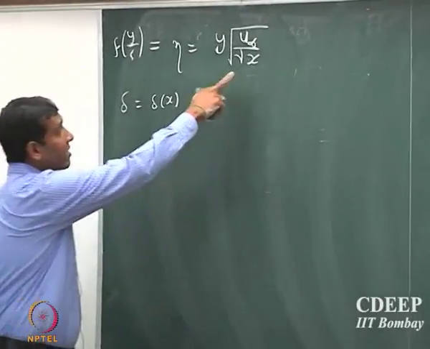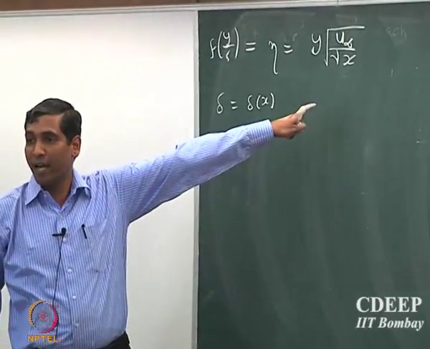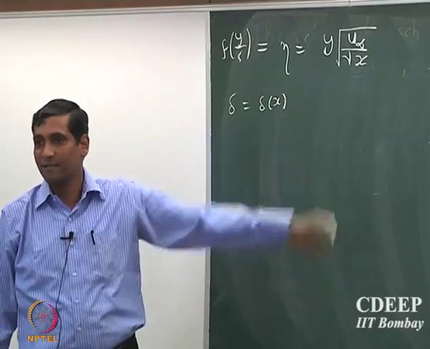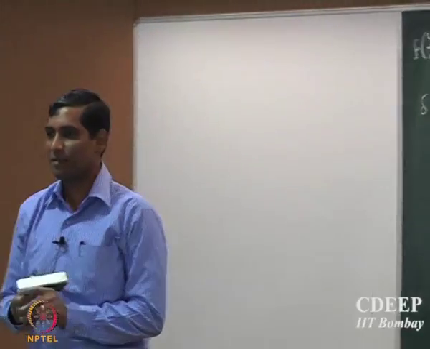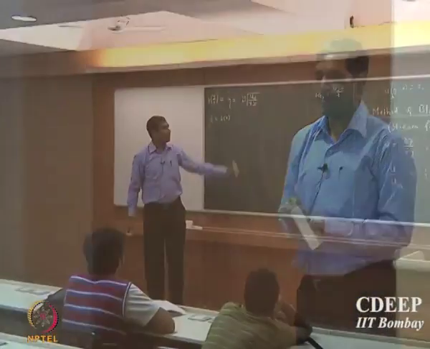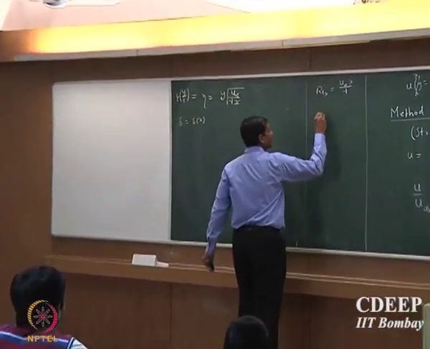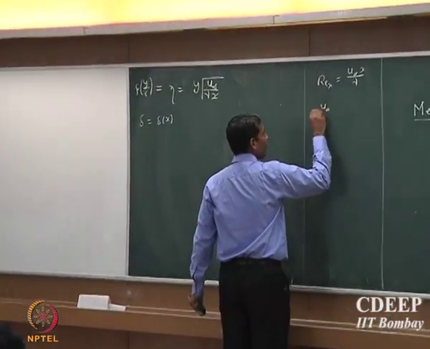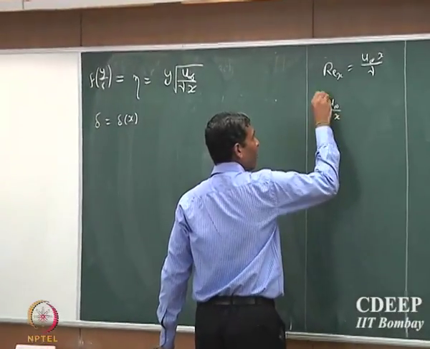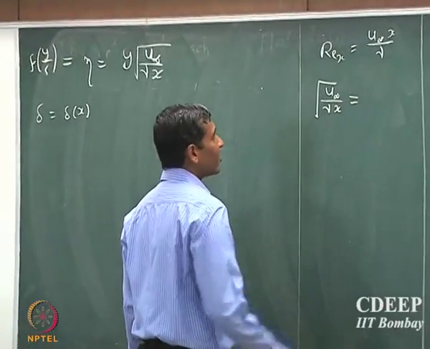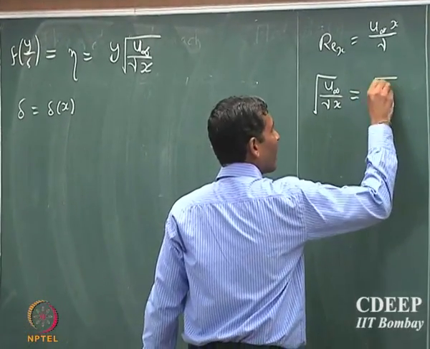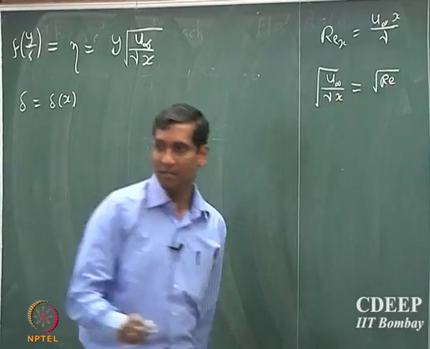So what is u infinity by nu into x? Any guess? The square root of u infinity by nu x can be written in terms of the Reynolds number.